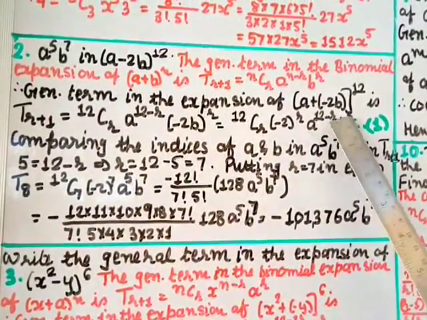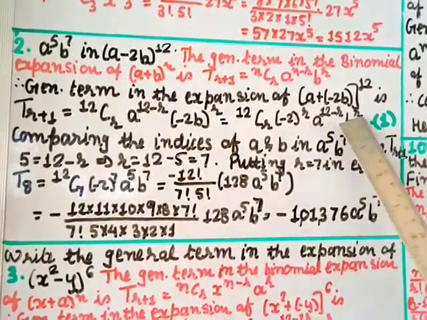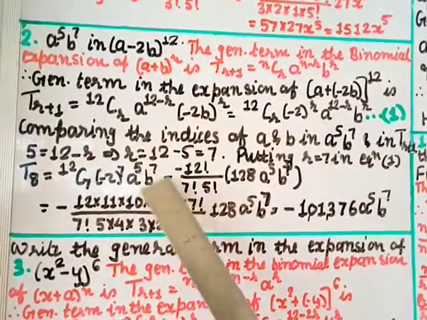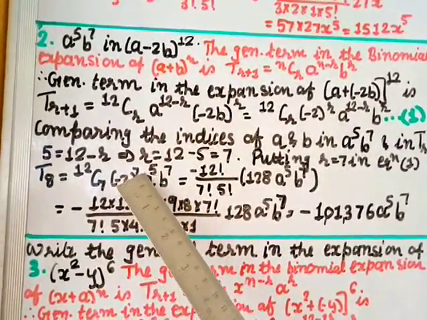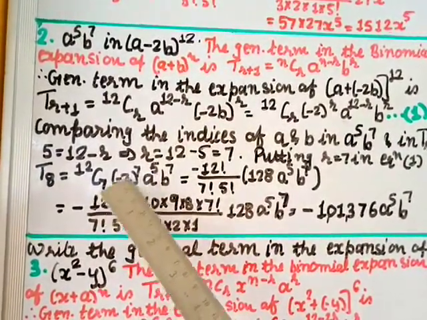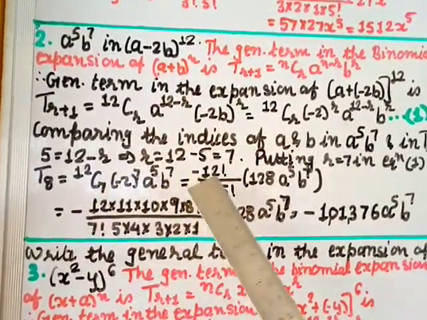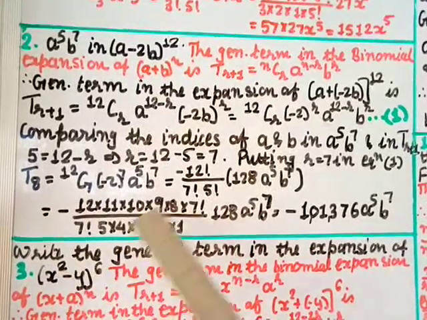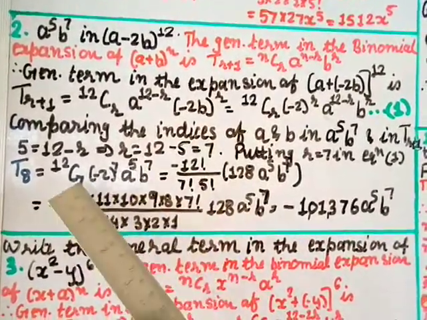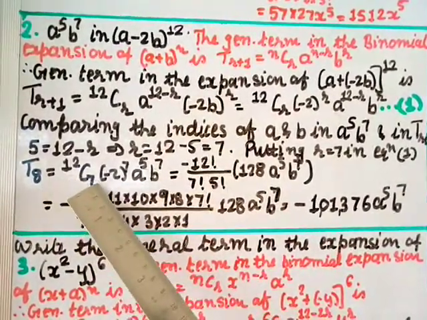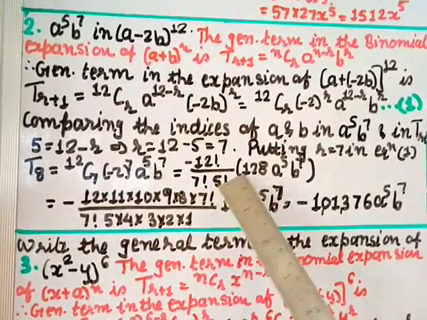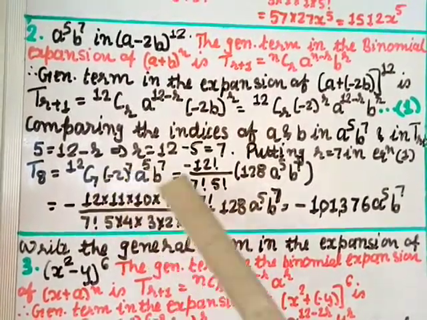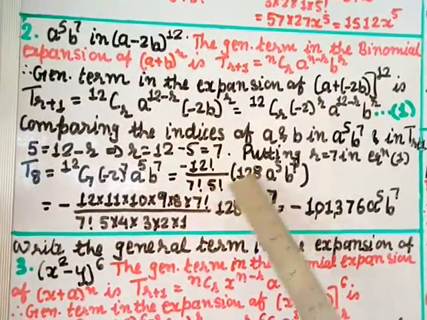And b power r is 7, so b power 7. See, this is minus 2 power an odd number, a negative number with an odd power, so this value will be negative, so this minus is written here. And this 12Cr, using the formula, is 12 factorial divided by 7 factorial into (12 minus 7), that is 5 factorial, and this value 2 power 7 is 128, a power 5, b power 7 as it is.